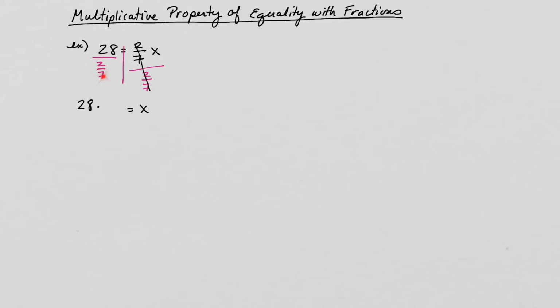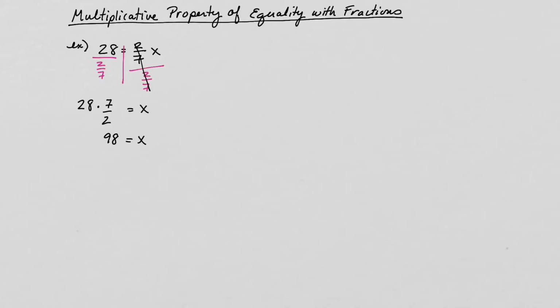This bottom fraction is 2/7, so I'm going to flip that over to be 7/2. Now all I have to do is 28 times 7 and then divide by 2. In this case, x is going to turn out to be 98.